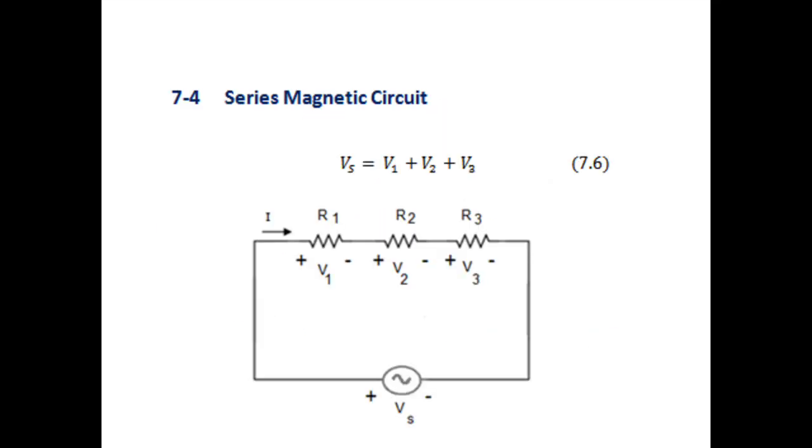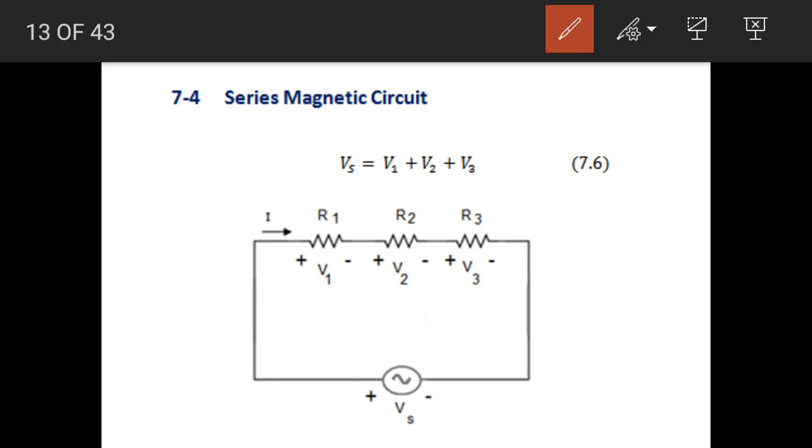Now we consider a series magnetic circuit, and we know that magnetic circuits are analogous to electrical circuits. So let us consider this series circuit, and we apply KVL to it.